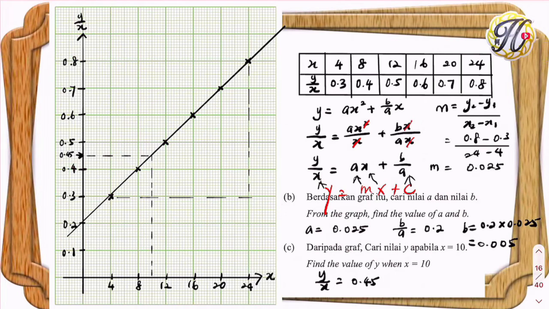Right? But I will need Y. So using X which is 10, my Y actually is equal to 0.45 times X. Darab X. X tu berapa? X tu adalah 10. So maknanya 0.45 kali dengan 10. So apakah jawapan dia? Okay, my Y is equal to 4.5. Okay, so ini baru jawapan yang terakhir.